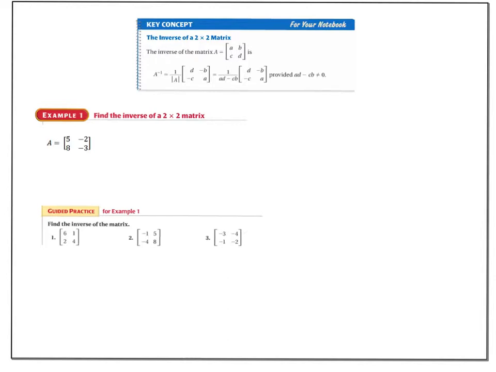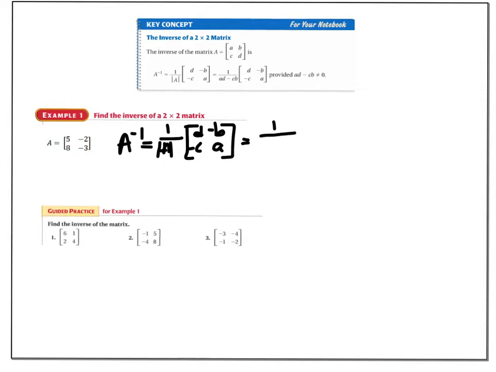Our inverse of this matrix A is going to be 1 over the determinant of A, and then I'm just rewriting this down for ourselves. d is now here, and a is over here, and c and b change signs. We can use that formula from up top. I'm going to use this one right here if you want to do it all in one step. Otherwise, feel free to calculate the determinant off to the side and put it in.